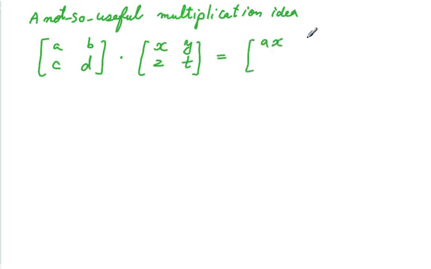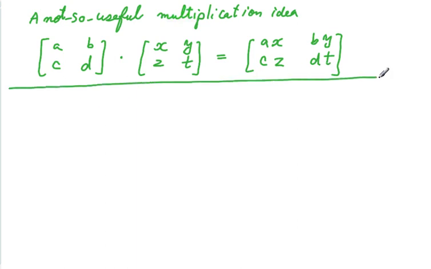Just a times x, b times y, c times z, d times t. We could do that, and some people actually make use of it in a few places here and there, and it has a name also, but we are not going to really encounter it so much, so it's not given any kind of prominence. We can't think of much to do with it.